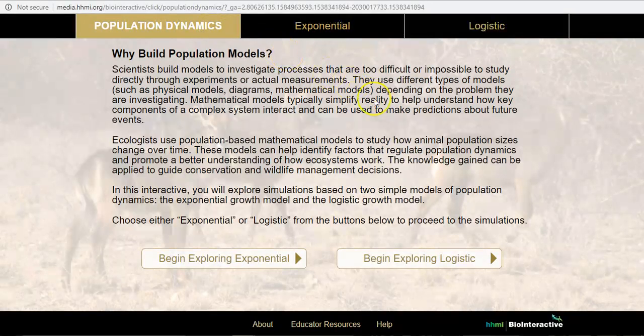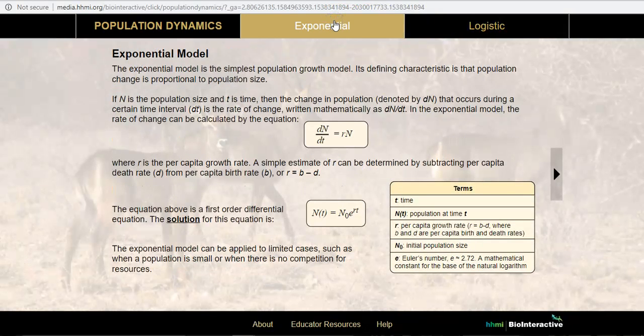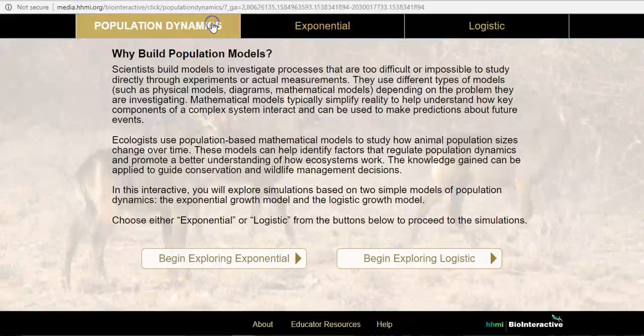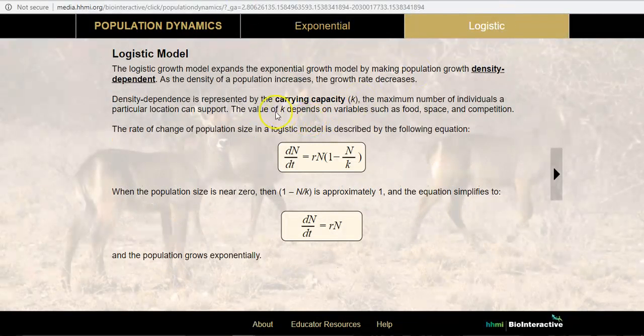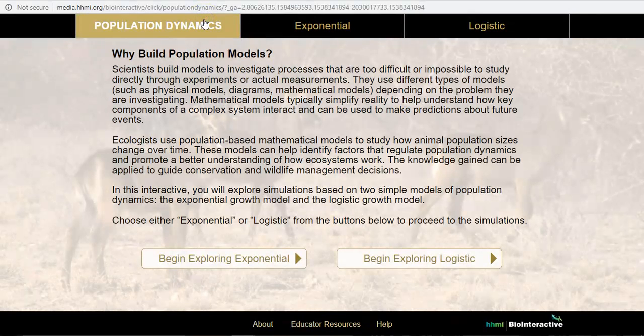This is kind of a harder concept for kids to understand, that populations don't grow exponentially, because they would grow forever. Whereas logistically, we incorporate something called carrying capacity, which hopefully everybody knows what carrying capacity is. It's the maximum number of individuals that can be supported by a population.